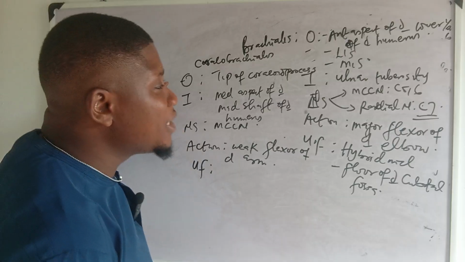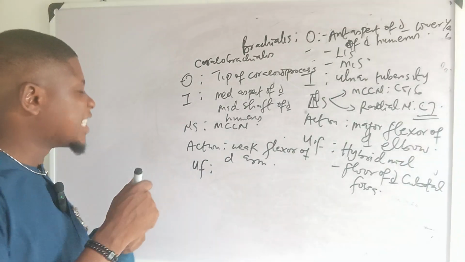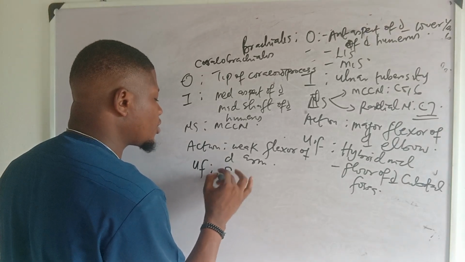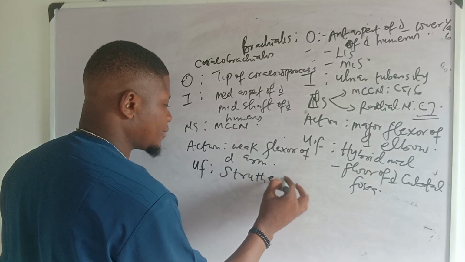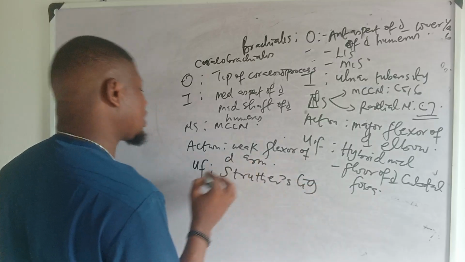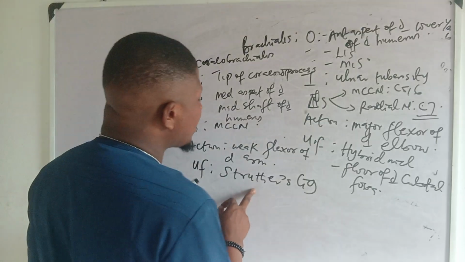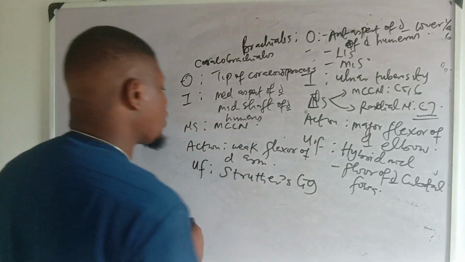So that medial head in higher organisms like us degenerates to form a ligament called Struthers' ligament. This ligament is just the degenerate tendon of the third head of coracobrachialis.